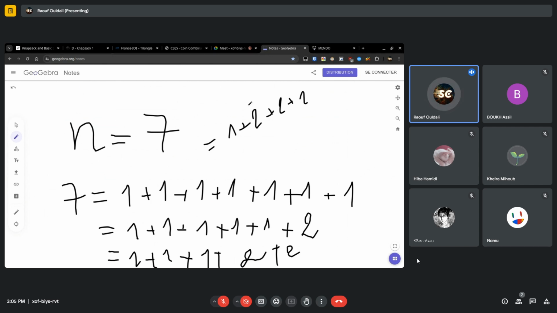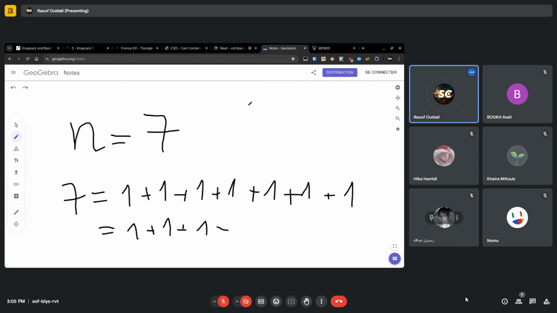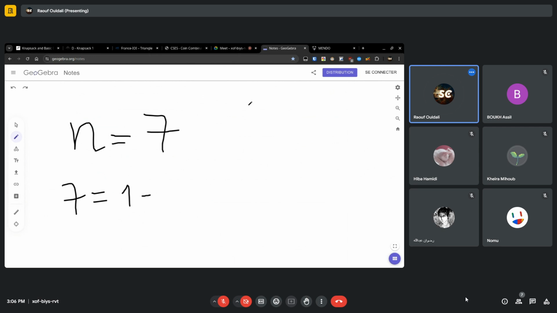Anyway, we have many ones, and there is, how do you say, an inductive formula for this. As I said before, it's more like the first problem we tried.